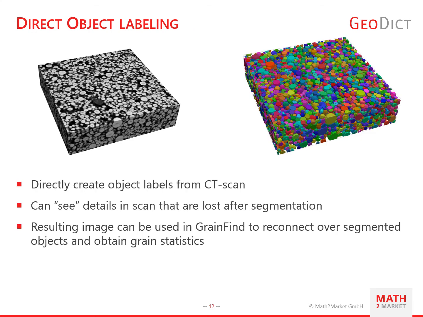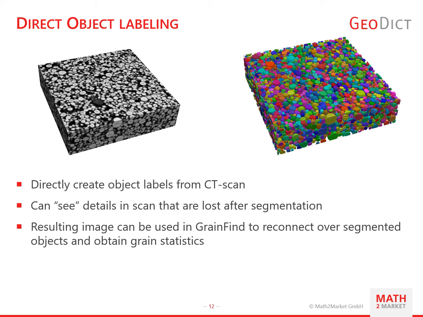The next thing I want to introduce is the direct object labeling. In earlier versions of Geodict, it was always necessary to first segment a CT scan, and then you could run GrainFind on it to obtain the grain properties. But in some cases, details that are visible in the gray value image might get lost when doing the segmentation.